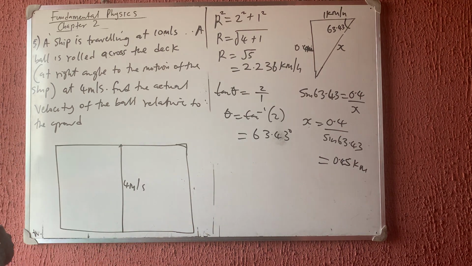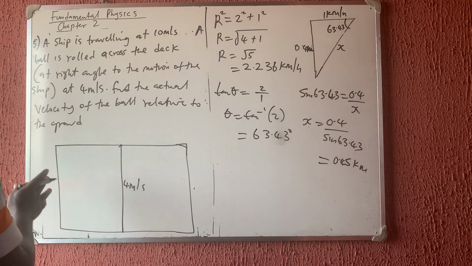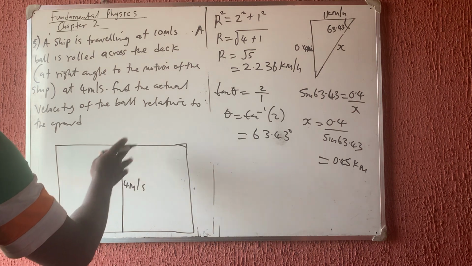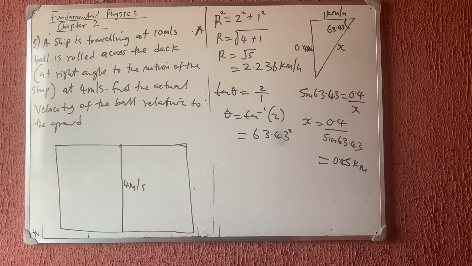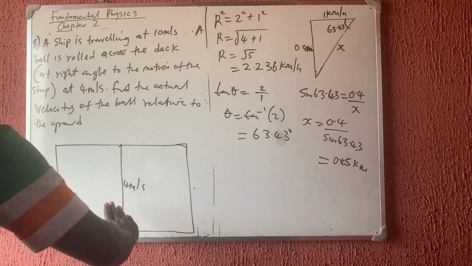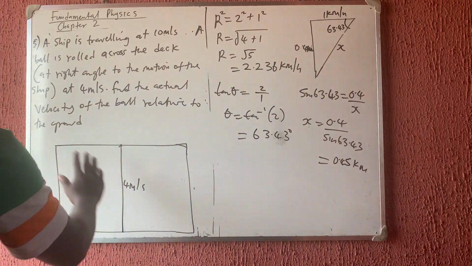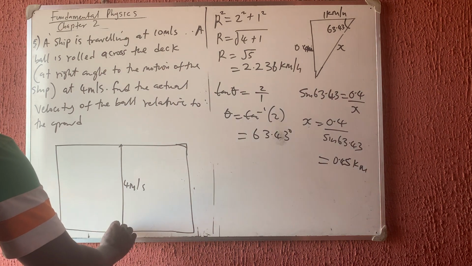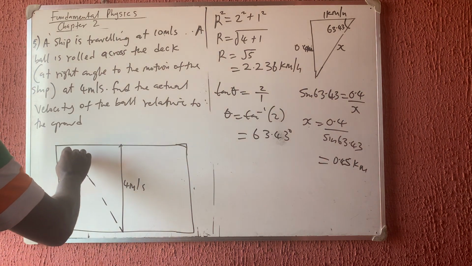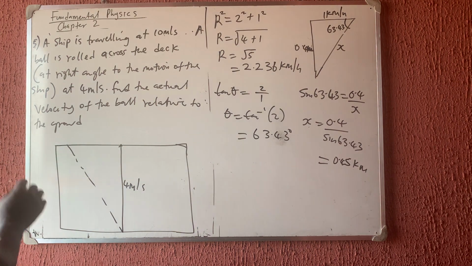So find the actual velocity. If you want to get the actual velocity of the ball, then that ball is supposed to be moving opposite the way the river was moving. So it's going to move like this. So this is the actual velocity.